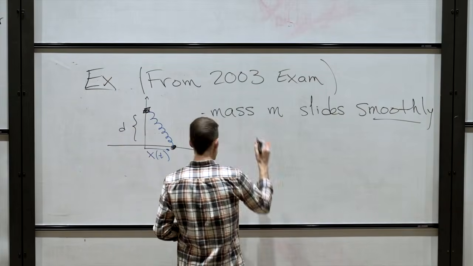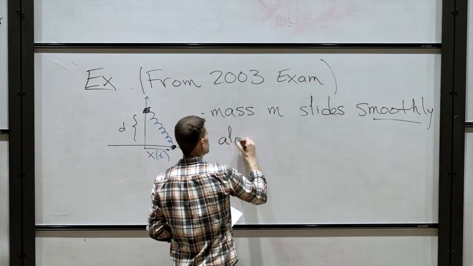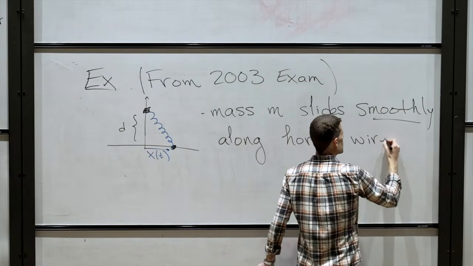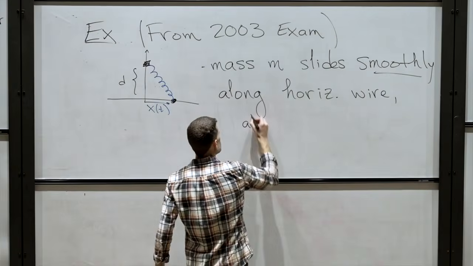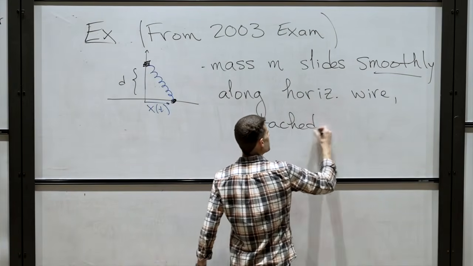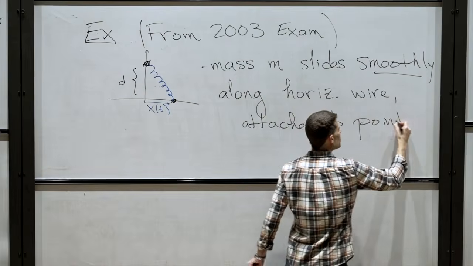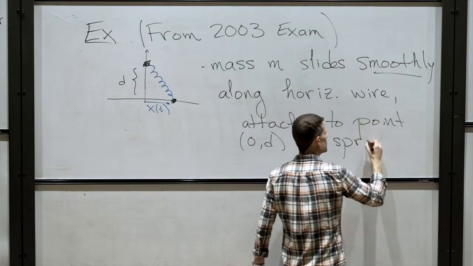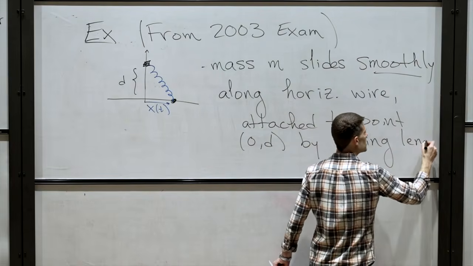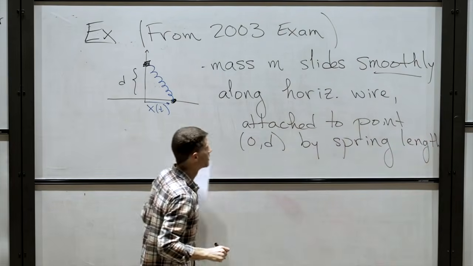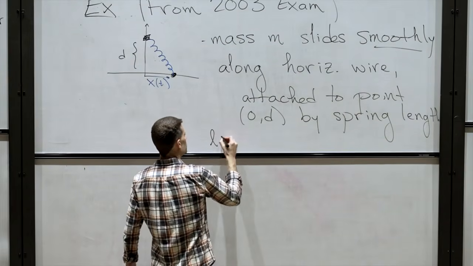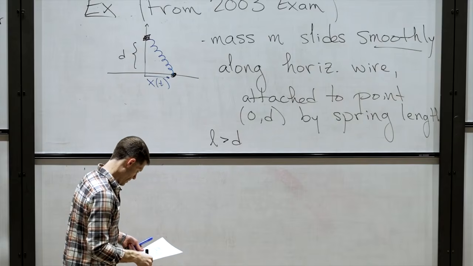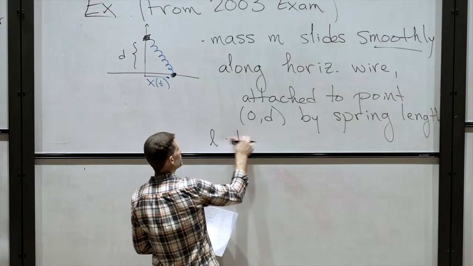Slides smoothly along a horizontal wire and is attached to the point 0, d by a spring of length, and length means rest length, L, where L is greater than d, actually, let's not make that assumption right away.